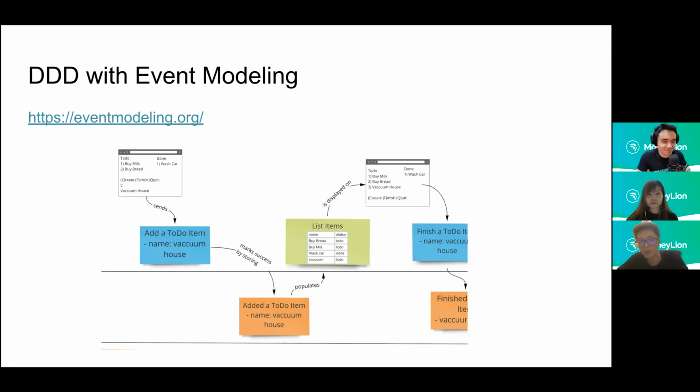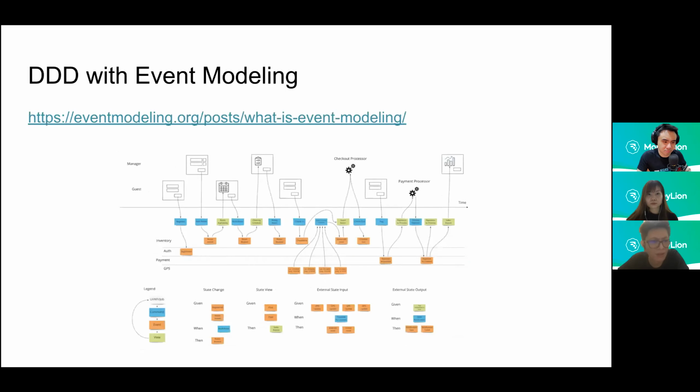One example technique you could use is event modeling, where you outline the events in chronological order, and you can use this to design your system topologies later in the implementation phase.